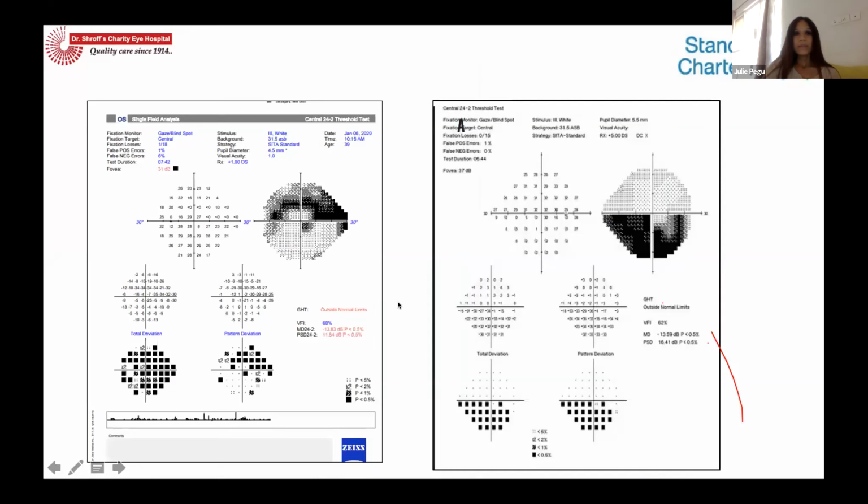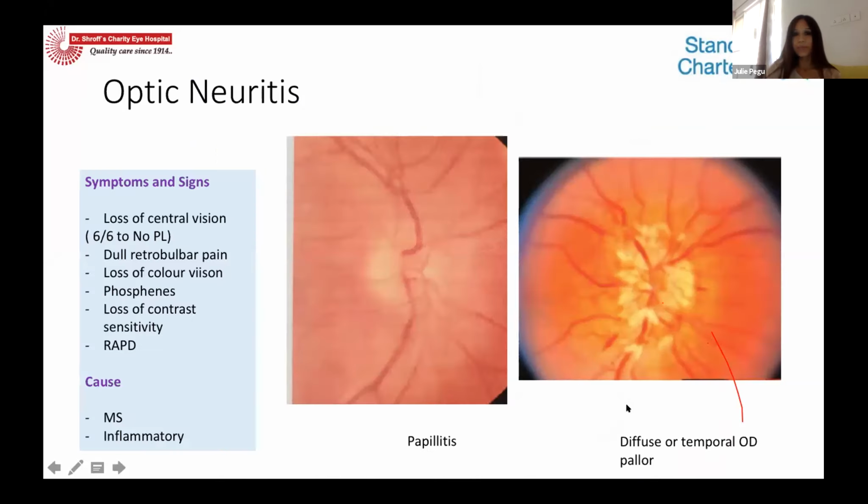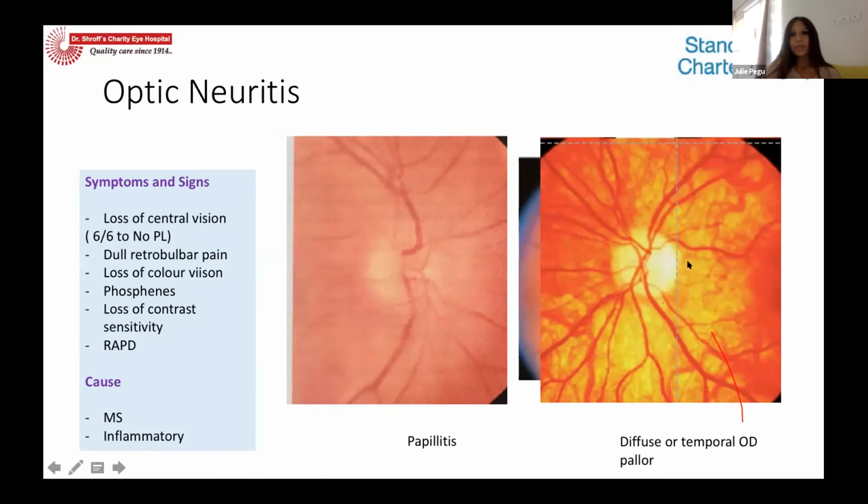And obviously in a glaucomatous visual field, you will get these arcuate defects where the center may still be spared till the end. Whereas in a non-glaucomatous optic atrophy, you'll get a typical longitudinal defect which will respect the horizontal meridian.